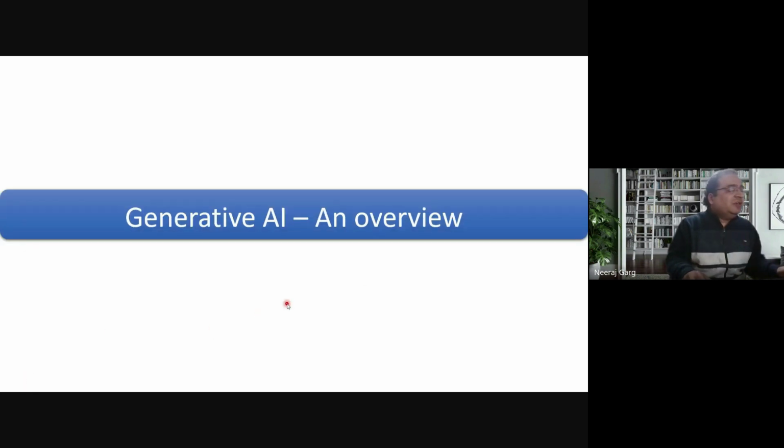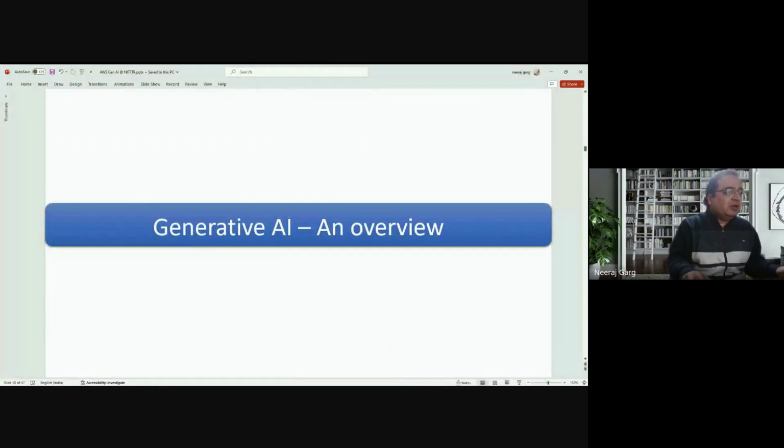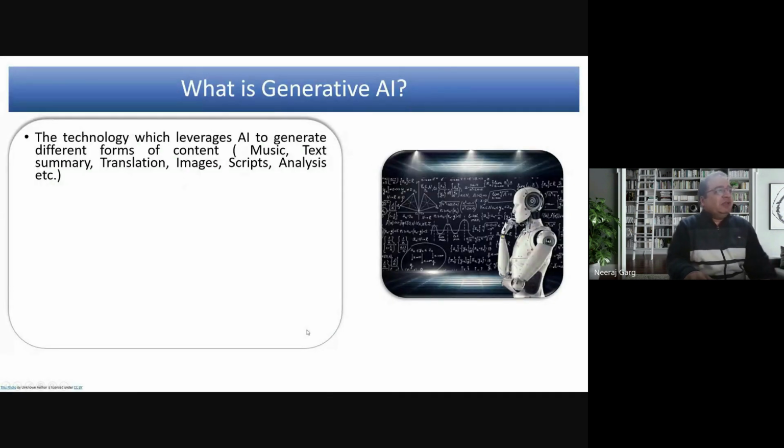Let us see generative AI overview, right? What is it? I will switch to the other PPT. So what is generative AI? The technology which leverages AI to generate different forms of content, right? Like you just mentioned, it can generate music, text summary, translation, or blog, video, audio.